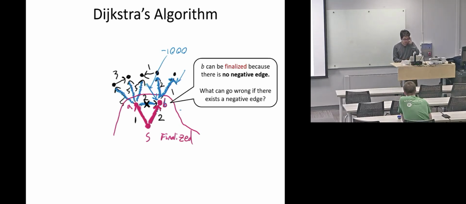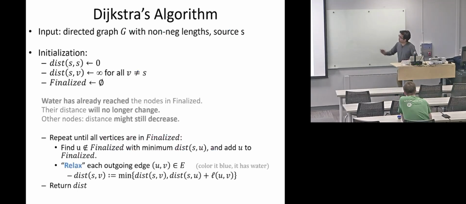So what you do is just repeat until every node is finalized. Basically, find the one that is not finalized that has minimum distance using only blue and red edges.